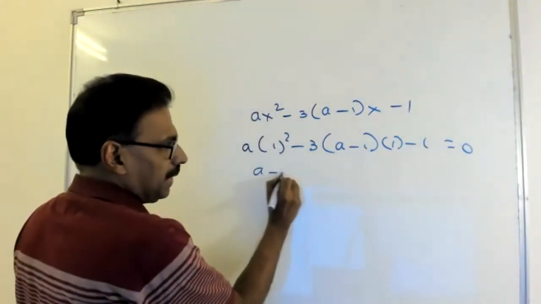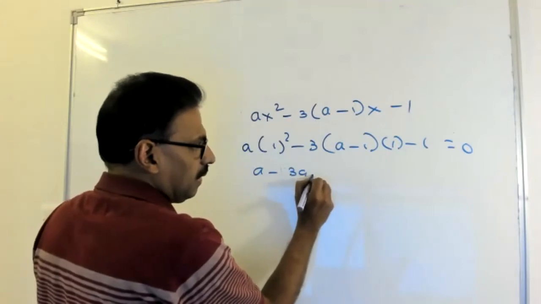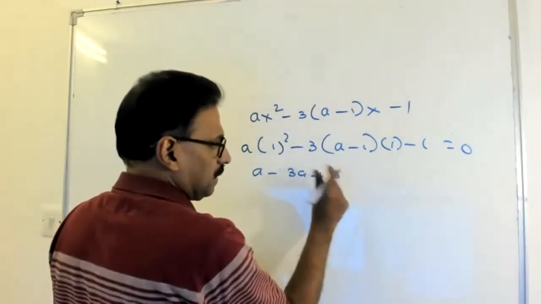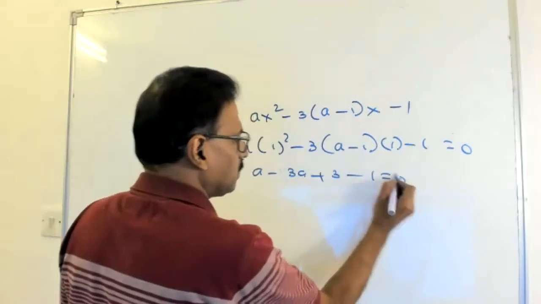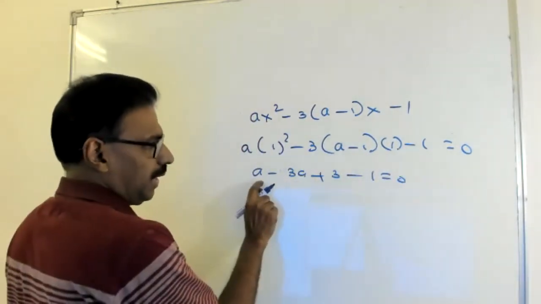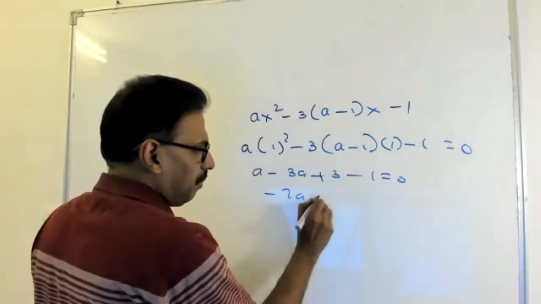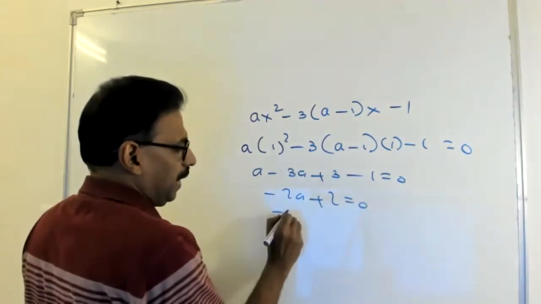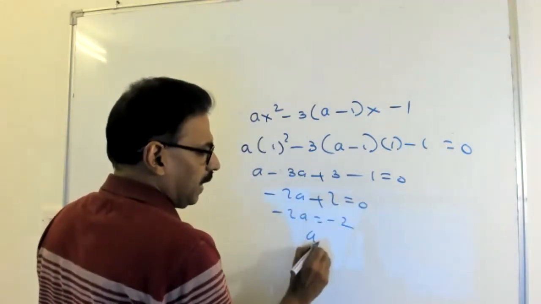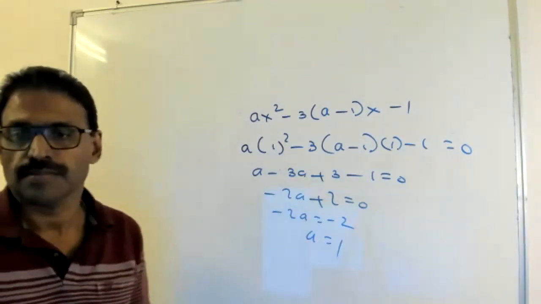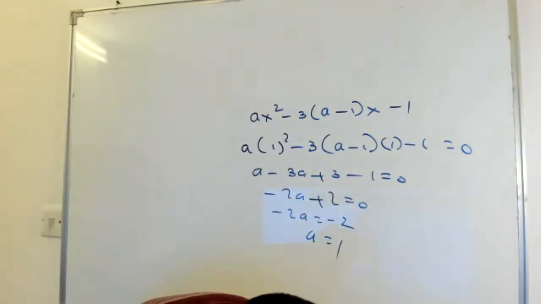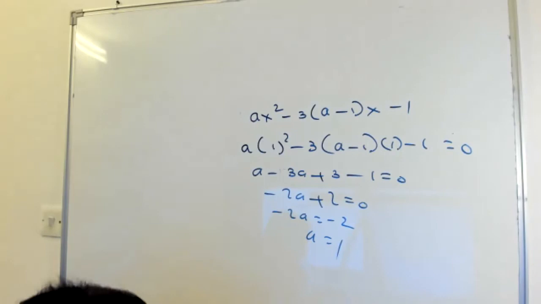So a minus 3a plus 3 minus 1 equal to 0. Minus 2a plus 2 equal to 0. Minus 2a equal to minus 2. A equal to 1. Who all got a equal to 1? I got it, sir. Correct.